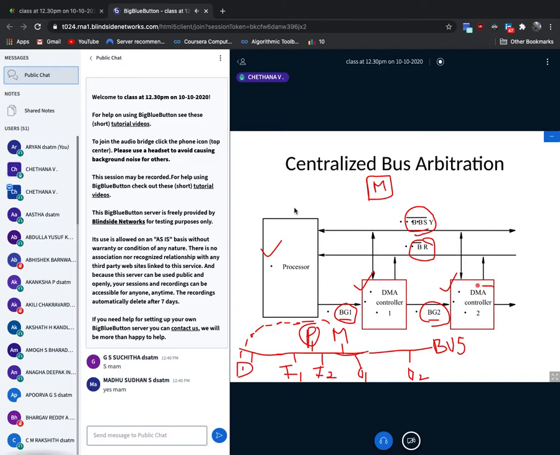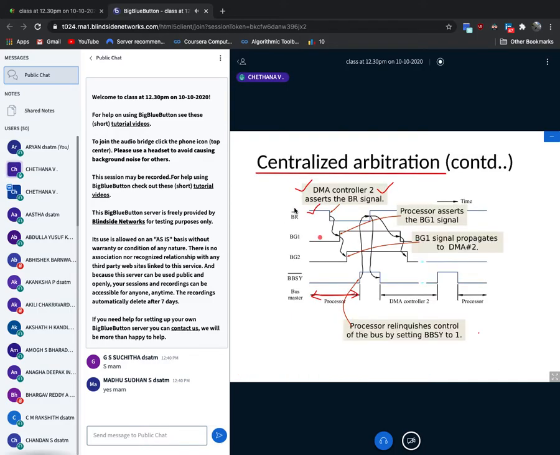So even though DMA controller 2 is requesting, who has to provide the permission? The previous device, DMA controller 1. First BG1, grant 1, is permitted. Next DMA controller 1 will permit by BG2. That is the reason we have written BG1 and BG2. So BG1 is first awarded, permission for DMA controller 1. Next DMA controller 1 awards the permission for DMA controller 2.